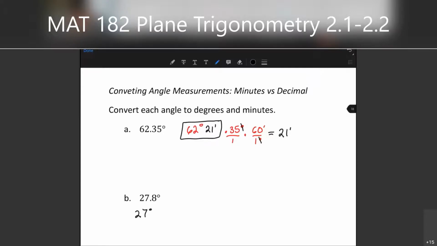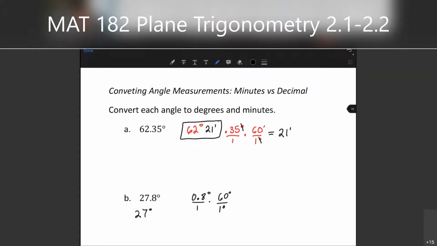All right, so let's remember here that we are just working with that decimal degree. So we don't have to convert that 27. We're just converting the 0.8. So if I started with 0.8 degrees, again, we're going to be using that same conversion factor, 60 minutes to 1 degree.